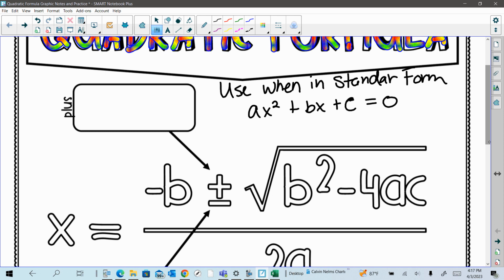a solution. So this first little symbol here, this plus or minus, this arrow is just pointing to the plus sign here. So when you're looking at the plus value, this gives you the first solution, doing addition. So the plus gives you the first solution.